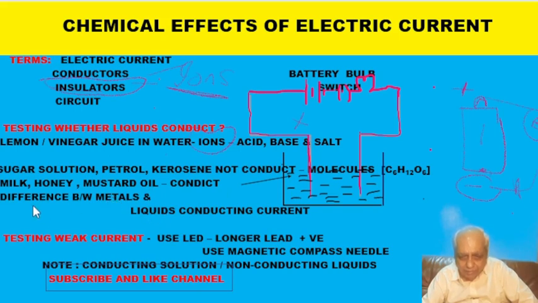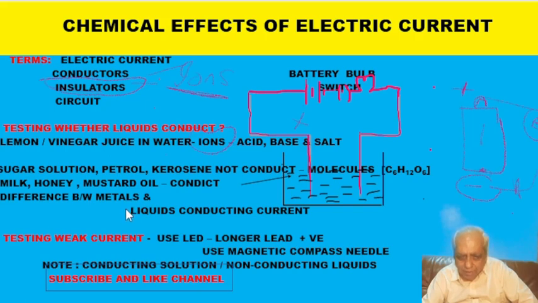In metals, electrons move. In metals, only electrons travel, and there is no chemical change. But in liquids, ions move. A positive ion will move towards the negative terminal, and negative ions will move towards the positive terminal.